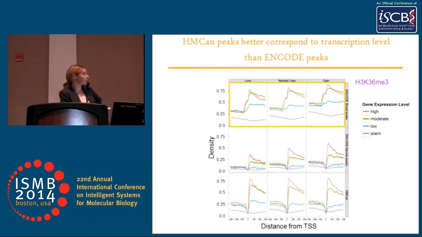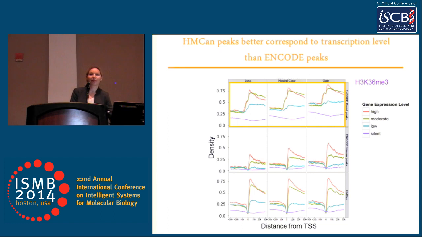And when you look at these broad peaks, you see something strange. First, you see this over-prediction in regions of gain, but also you don't see the valley that you expect to see at the TSS. This means that they really have a problem with the correct identification of the boundaries of the signal.